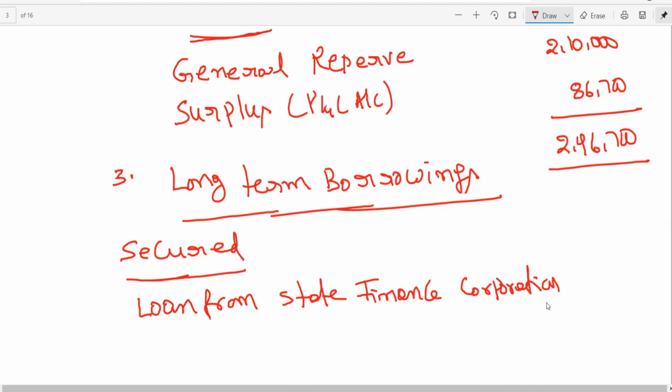Loan from State Finance Corporation, I have told you already, 1,50,000 is including interest accrued, that I am taking out. So 1,42,500.